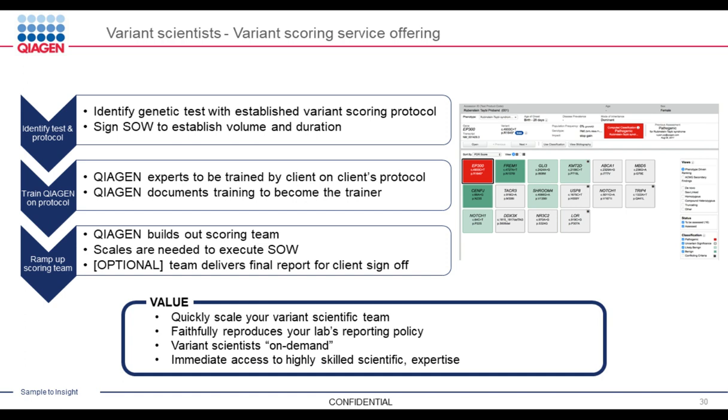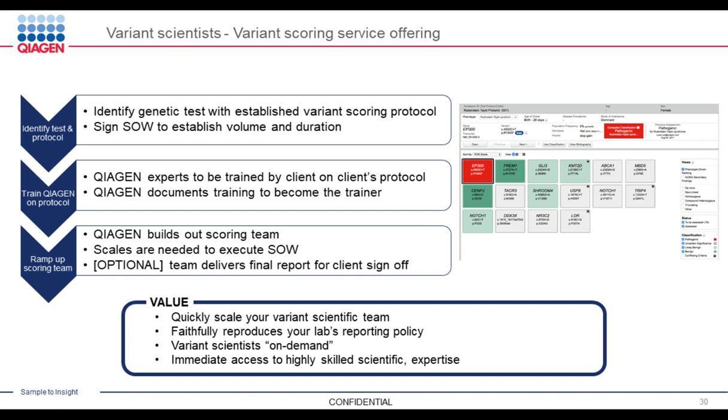We do this by identifying the test that you want to do, and then put together a statement of work about what established volumes and duration you want us to help you augment your scientific staff.